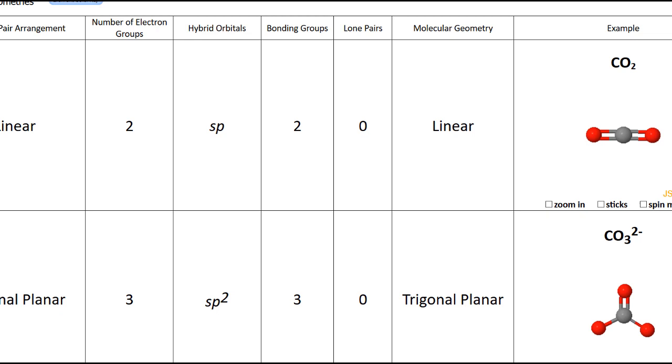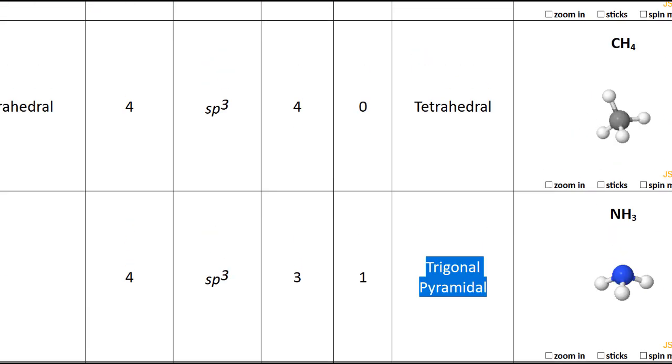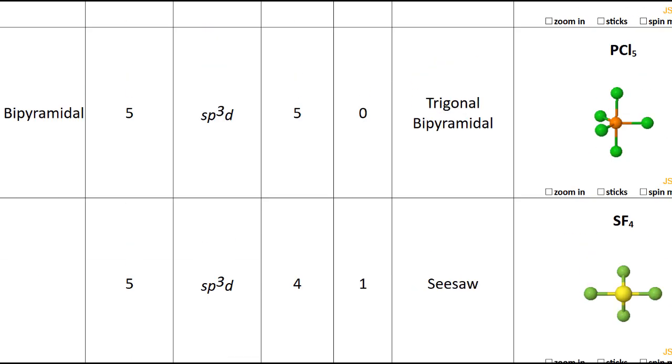If we have trigonal planar or 3 groups around the central atom, that means we need to hybridize a total of 3 orbitals. So we use one s and we use 2 p's. If we go on to having 4 around the central atom, we have sp3 hybrid orbitals. If we go to 5 groups around the central atom, we have sp3d hybrid orbitals.